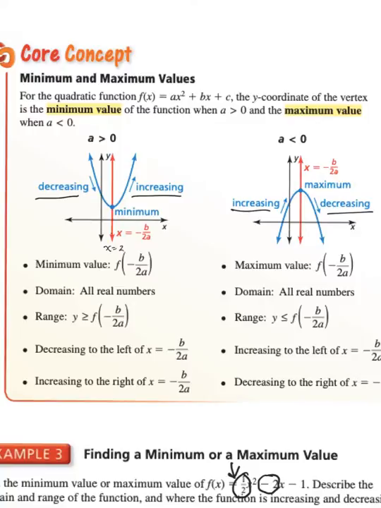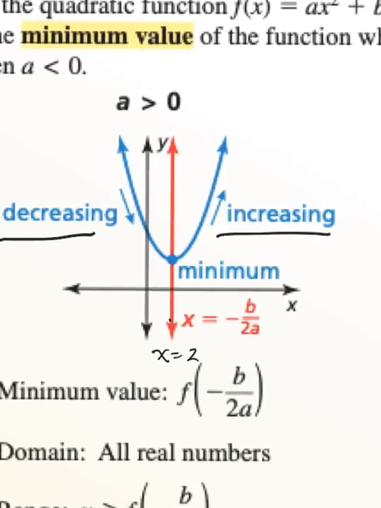If you look at the first function here, you'll notice that going from left to right it goes downward until we get to the minimum, and then it increases as we leave the minimum.